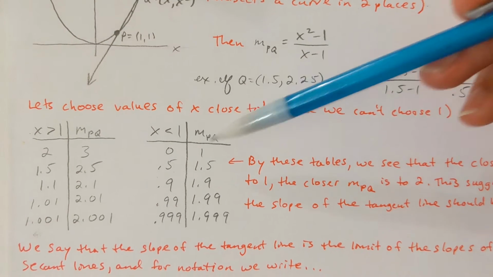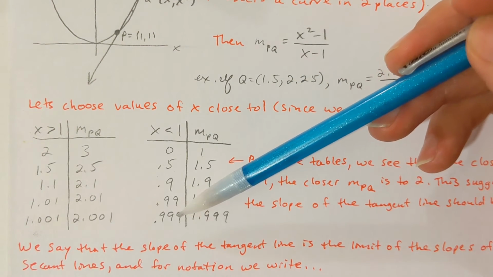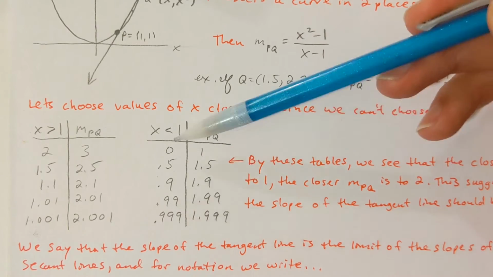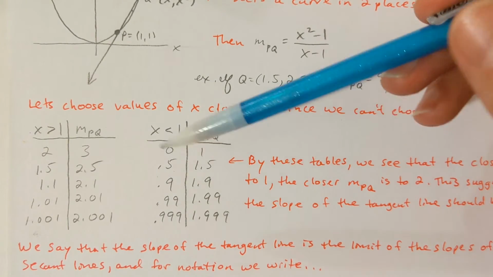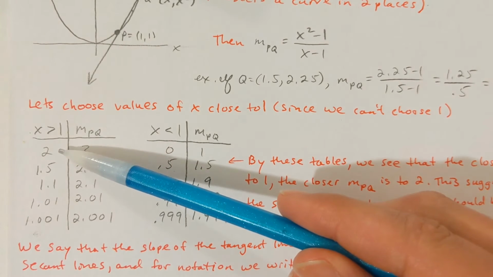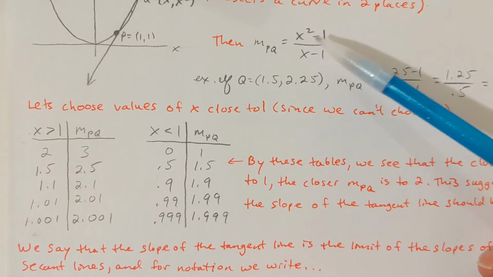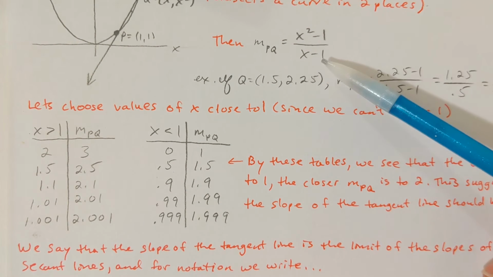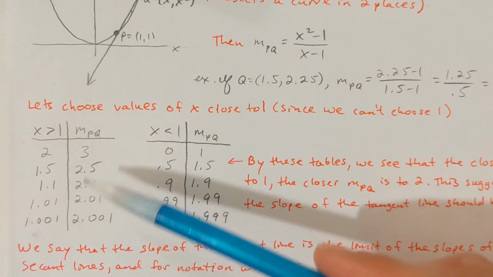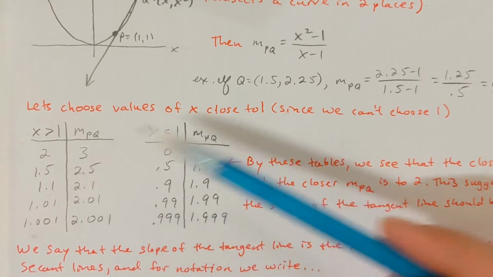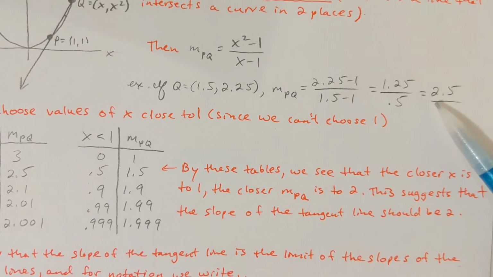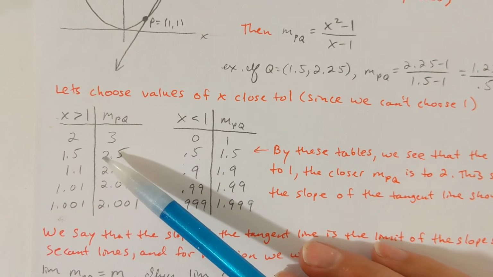line. And then I'll do the same where I'm selecting values of x that are less than 1 but close to 1. For example, if x is 2, and we plug that in here, 2 squared is 4, minus 1 is 3, divided by 1 is 3. If x is 1.5, I've already done that, the slope of the secant line is 2.5.